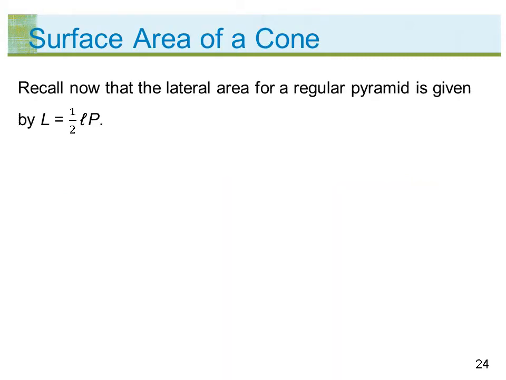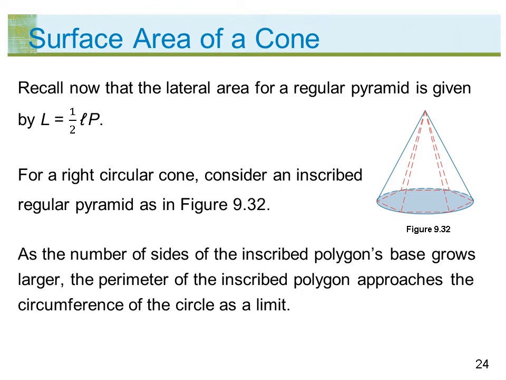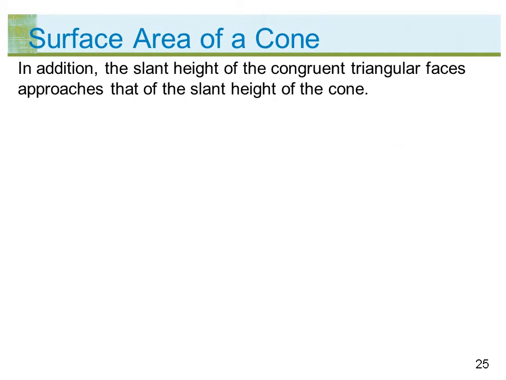Recall now that the lateral area for a regular pyramid is given by L = 1/2 ℓP. For a right circular cone, consider an inscribed regular pyramid as in figure 9.32. As the number of sides of the inscribed polygon's base grows larger, the perimeter of the inscribed polygon approaches the circumference of the circle as a limit. In addition, the slant height of the congruent triangular faces approaches that of the slant height of the cone.